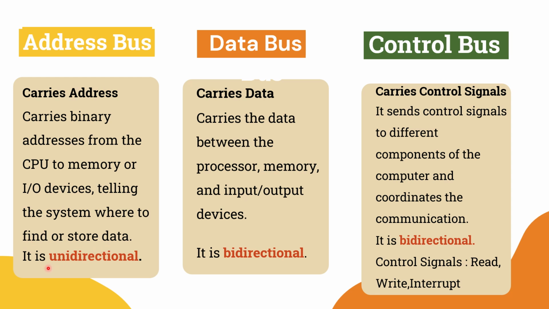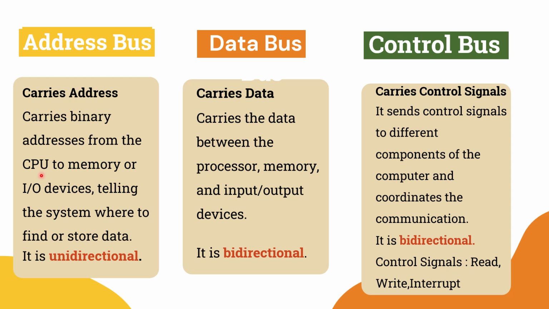It is unidirectional. Unidirectional means the address bus will carry the address from the CPU to the memory unit or the I/O devices. So the main function of the address bus is to carry the address. That address could be either the memory address or the address of the I/O devices from where the CPU wants to access the data.